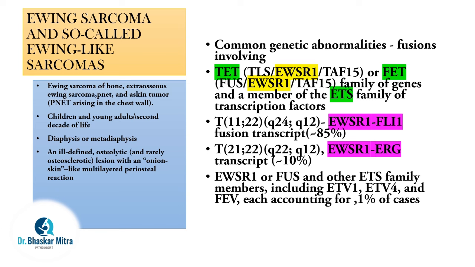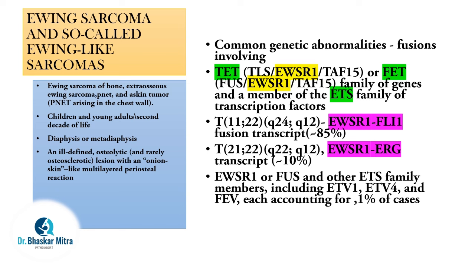This tumor has a gene fusion transcript. They have a transcript from the TET or FET family of genes which associates with the ETS family of transcription factors, giving rise to these undifferentiated tumors. There may be one gene from this FET group.